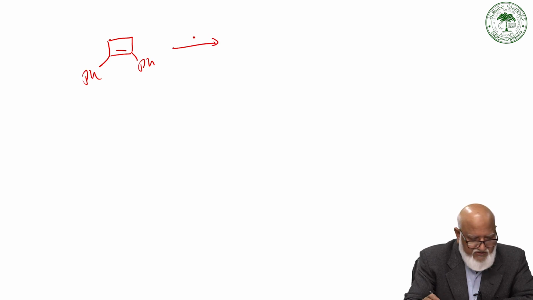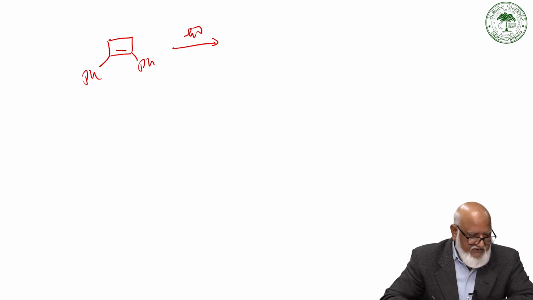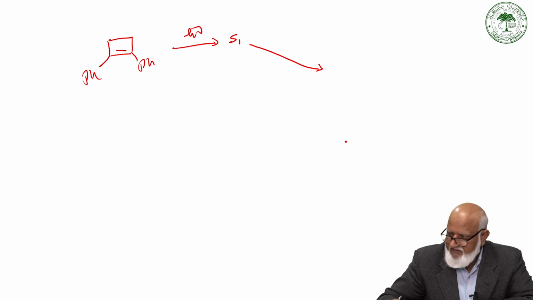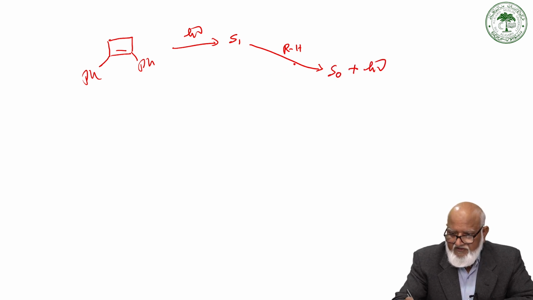So when the irradiation of 1,2-diphenyl cyclobutene is carried out, h nu, it goes to an excited S1 state. In the presence of a hydrocarbon RH, the loss of fluorescence takes place.